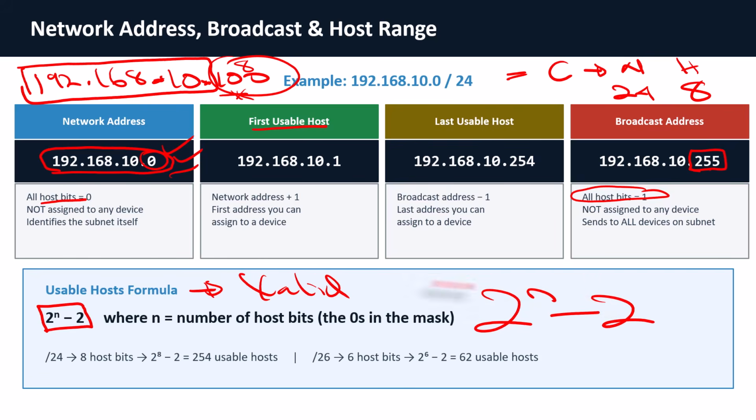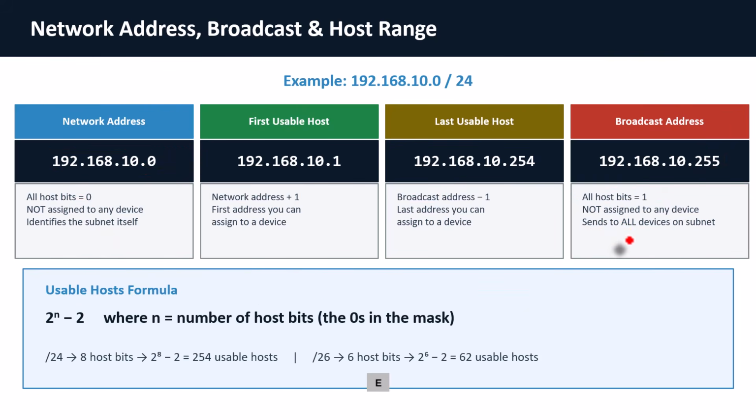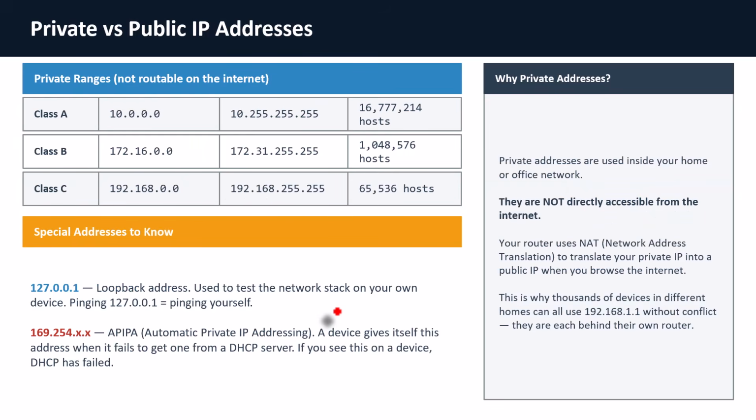The 2 we are subtracting are the network address and the broadcast address, which we never assign to devices on the network. In this example, we have 24 network bits and 8 host bits, so 2 to the power 8 minus 2 gives us 254 usable hosts on our network.